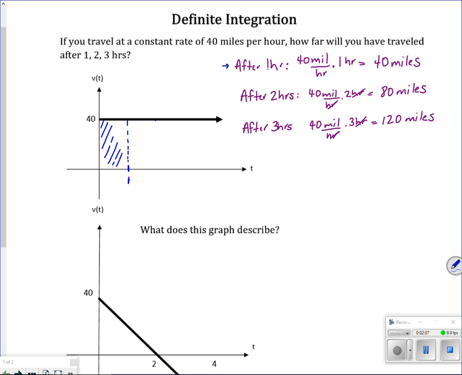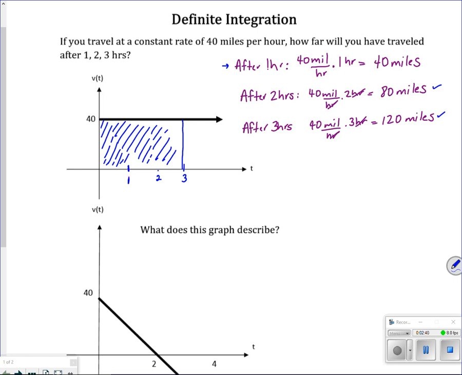If I extended that out, the area of that rectangle would be 2 by 40, so the area under the curve, that block, would be 80. And if I extended that out a little more, the area of all this would be 120.